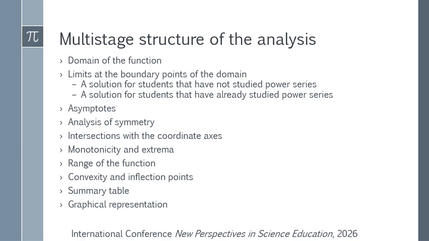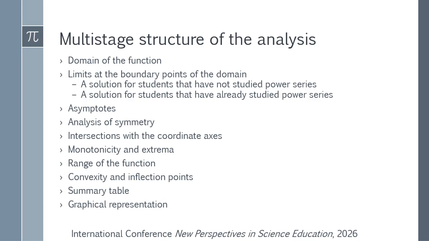The analysis begins with the integrand. The properties of the integrand determine the domain of definition of the integral function. A singular point occurs at x equals 0, which requires separate consideration.